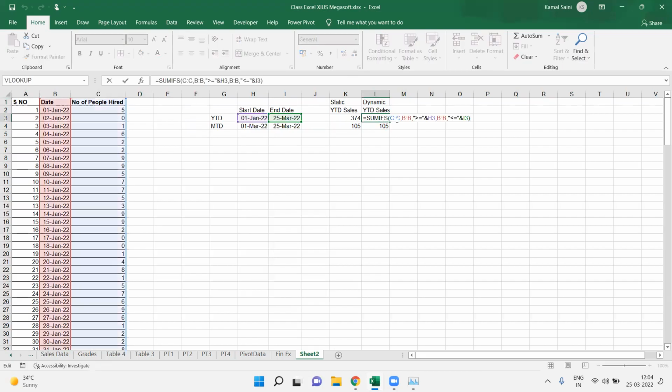So in C, first is sum range. Range 1 greater than equal to the starting date. Range 2 less than equals to the ending date. So we have concatenated it basically.